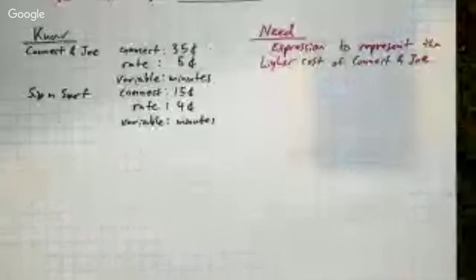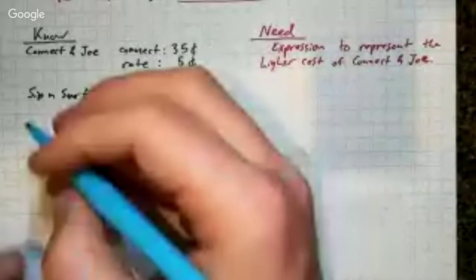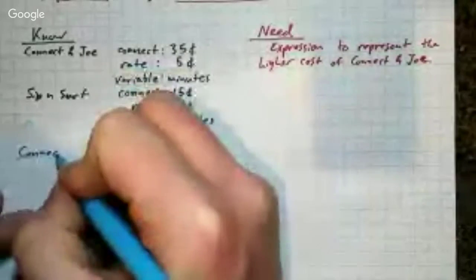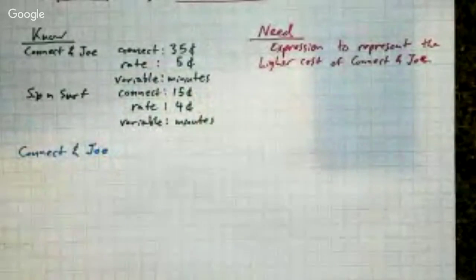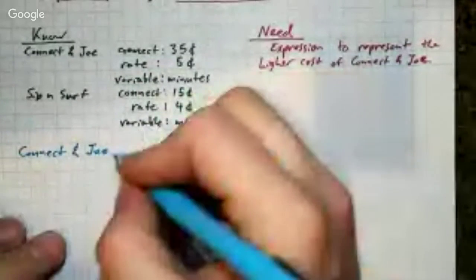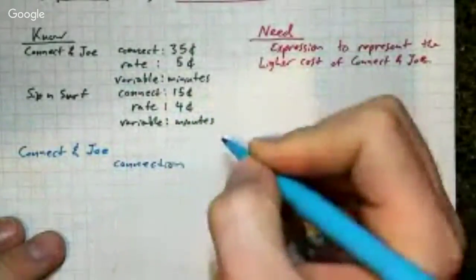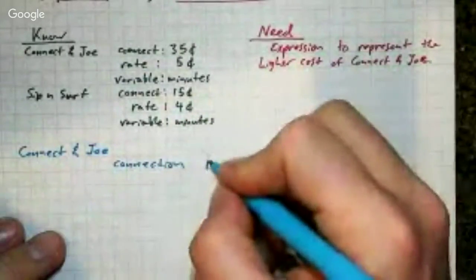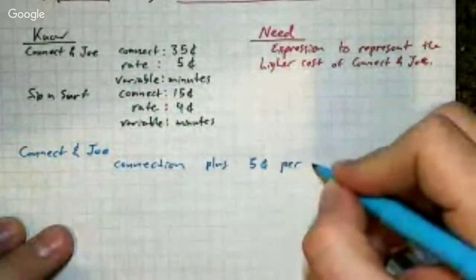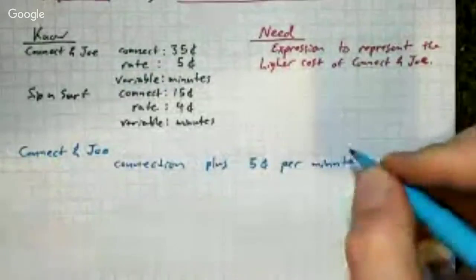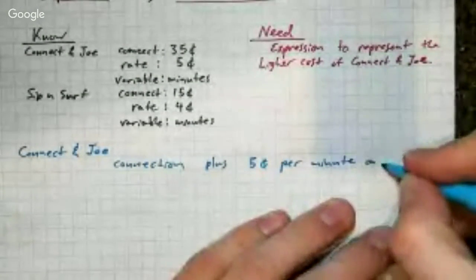First of all, we know the place called Connect and Joe. Let's go ahead and get that expression first. To find that expression, we're going to have the connection plus 5 cents per minute on the internet.